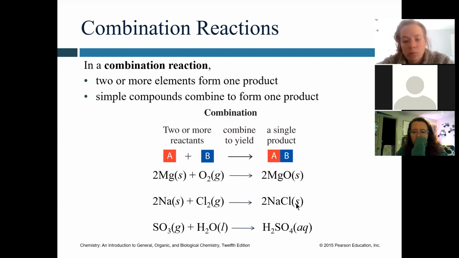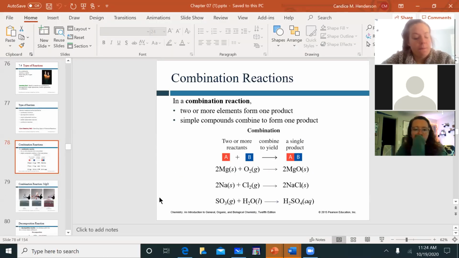or sulfuric acid. I'm going to give you 2 elements, and I want you to write a balanced combination reaction. I'm just going to give you the reactants. You've got to tell me what the product is, and you need to balance it.